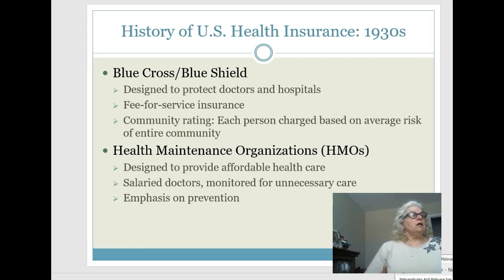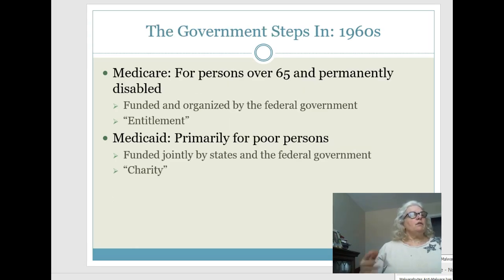Insurance becomes very expensive, and we're worried about it, and many people don't have it. It's not mandated in this country. We don't have national health care. But the government steps in during the 1960s and creates Medicare. It replaces aid for the aged. Actually, Medicaid replaces that along with Medicare.